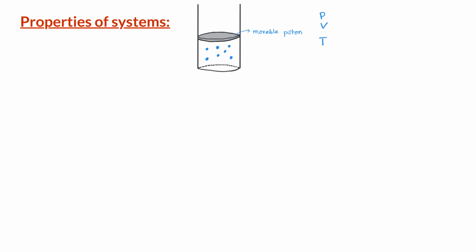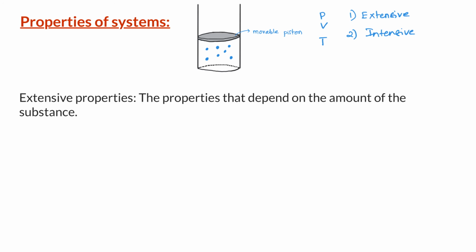All these properties of a system can be divided into two types: extensive properties and intensive properties. First, extensive properties. The properties of a system that depend on the amount of the system are called extensive properties.